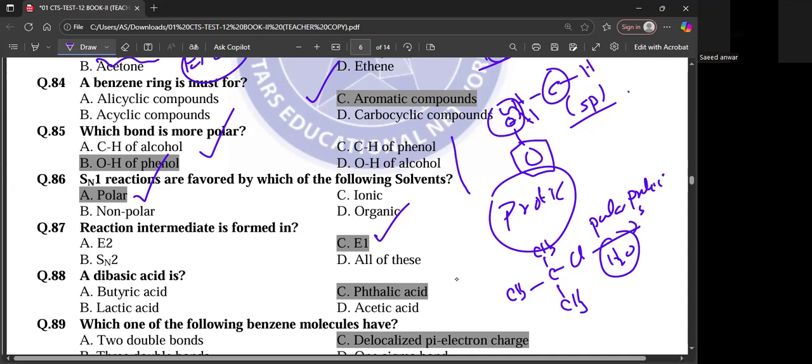So it is also called protic polar solvent. So the intermediate is formed. This bond is shifted toward chlorine, and now we can obtain the carbocation. It is called carbocation. So in E1 reaction or SN1 reaction, the first step is the same, where carbocation is formed. So we can say that Charlie option is the correct one.